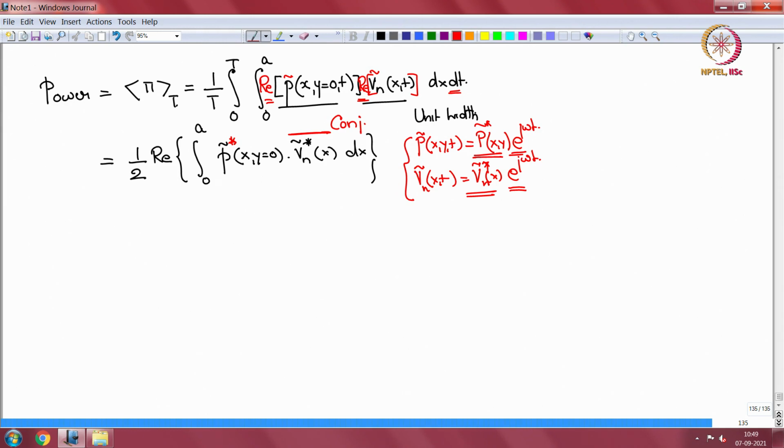Okay, so here the time is removed using the PV conjugate relation. Now this time averaged power is equal to the 1/2, which is already there, and for this I am going to bring in inverse Fourier transforms.